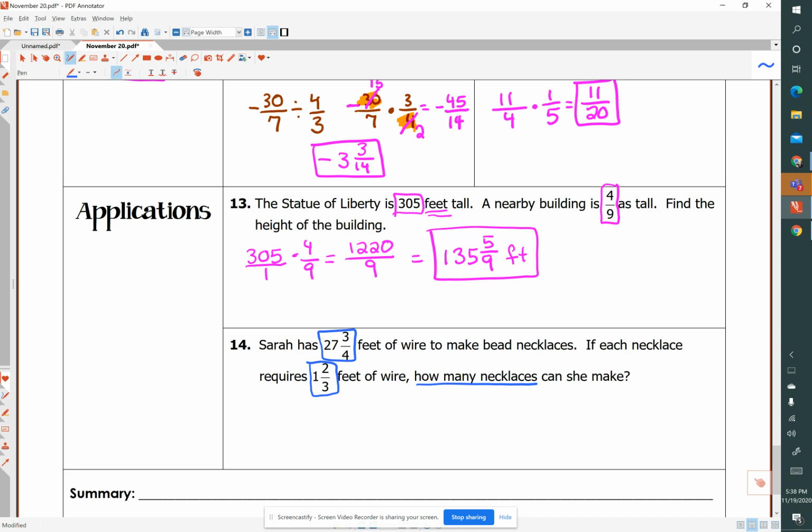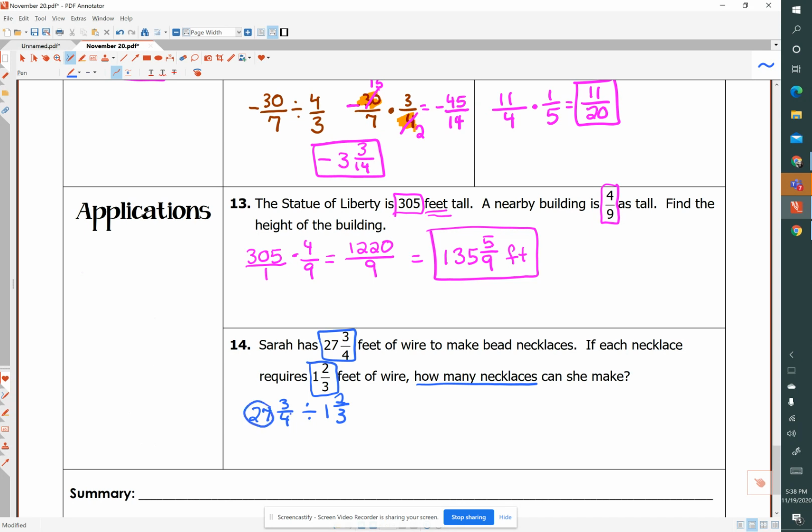And we're going to divide because we're dividing the total amount of wire she has, 27 and 3/4 feet. We're going to divide that by how much she needs for each necklace, which is 1 2/3 feet. So the first thing I'm going to do is turn these into improper fractions.